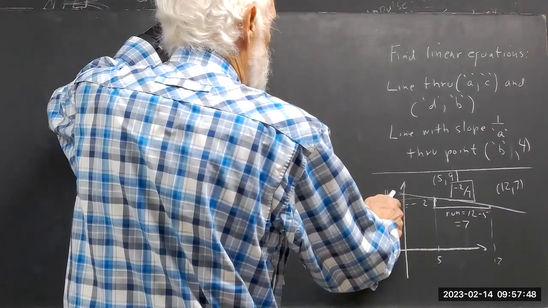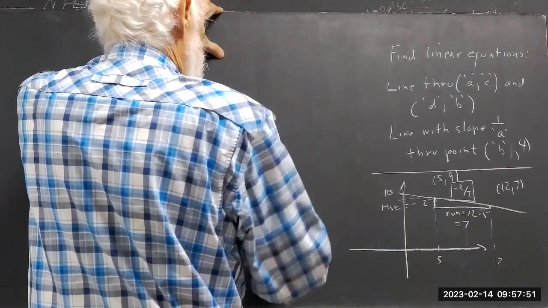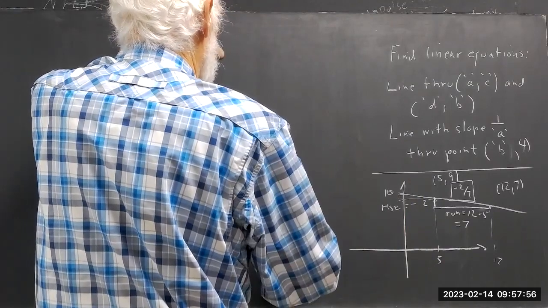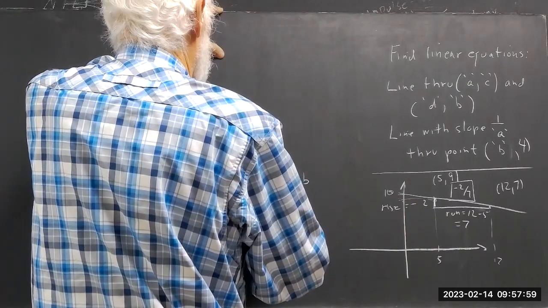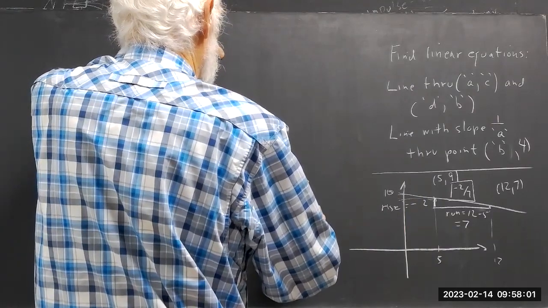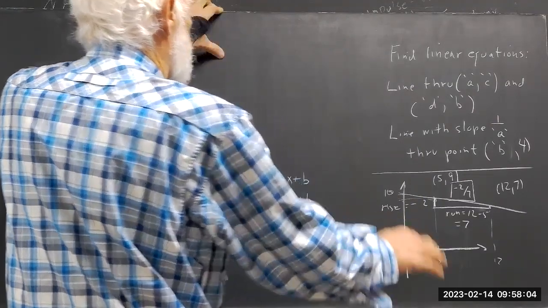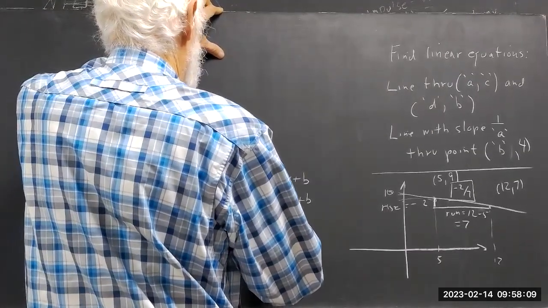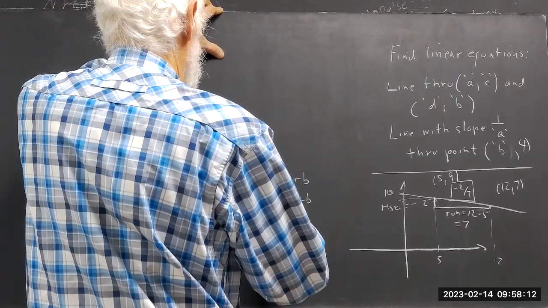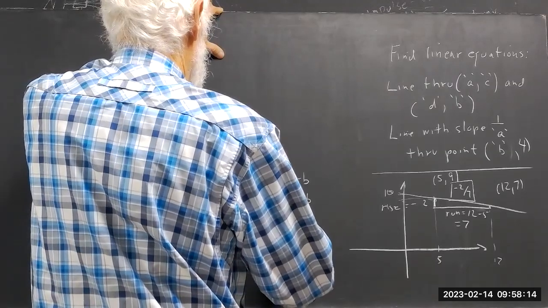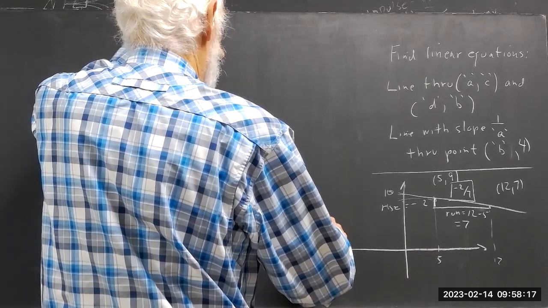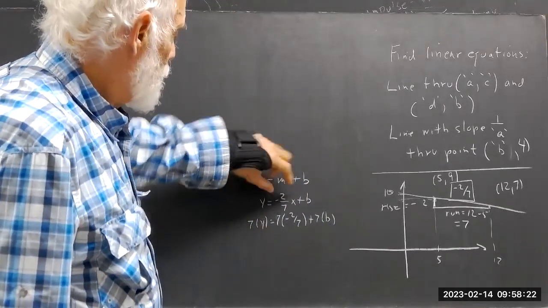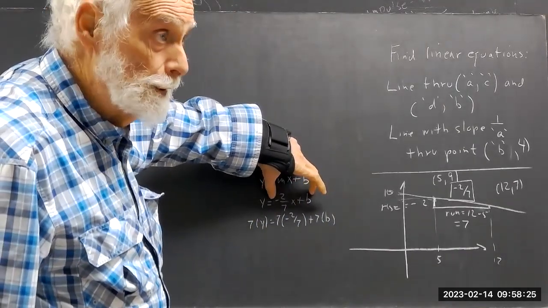Okay, so we've got y equals mx plus b. So y equals -2/7 x plus b. And multiply both sides by 7. Now that step would really be 7 times the quantity -2/7 x plus b.